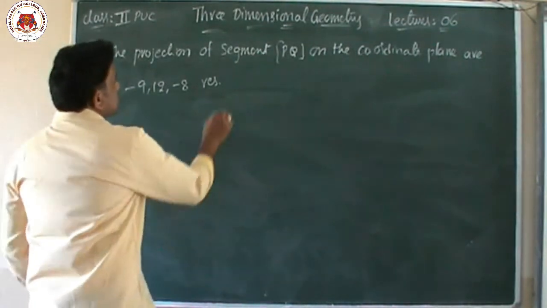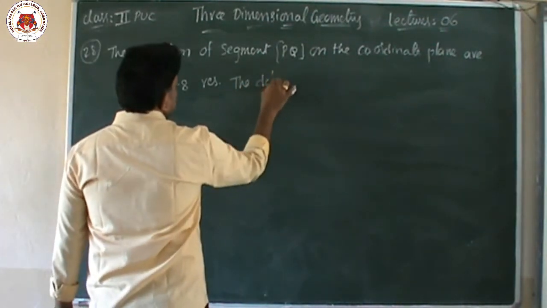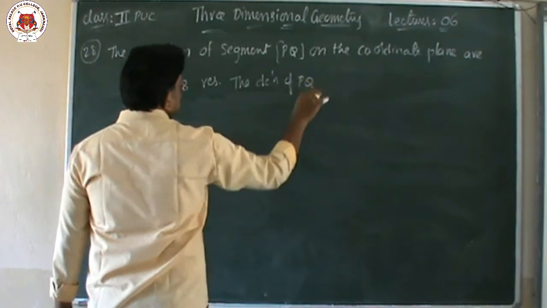Find the DCs of PQ. This is the question.